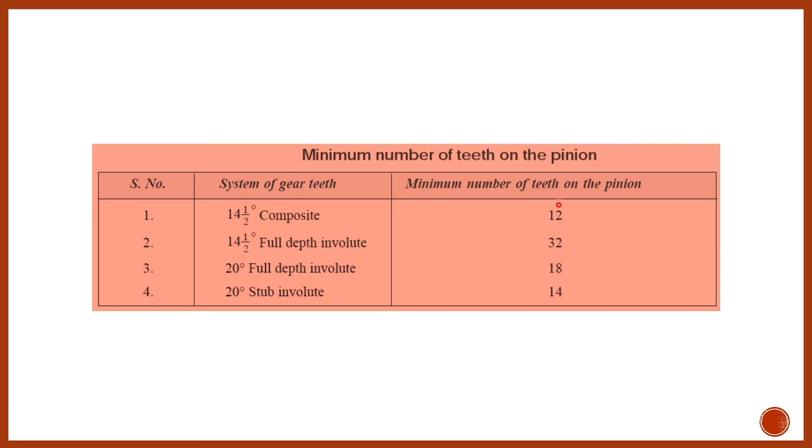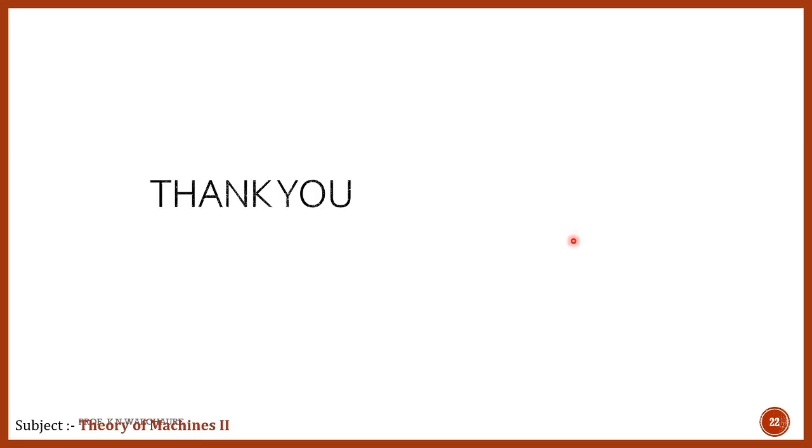That means if the pressure angle is 14.5 degrees, the number of teeth should be equal to or greater than 12. For the 14.5 full depth involute, 32 or greater than 32. For 20 degrees full depth involute, 18 or more than 18. These are the minimum number of teeth. You can take more than this to avoid the interference.